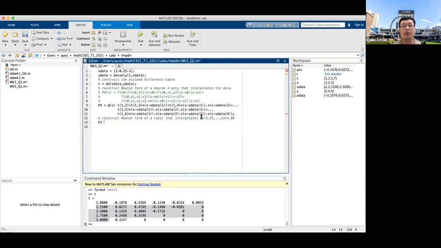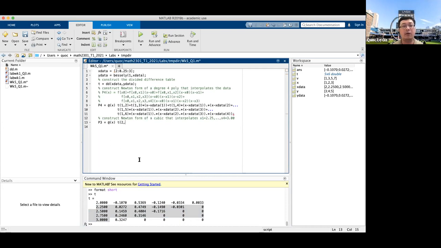Maybe just use row 2. If you use row 2, then you get the coefficients here.